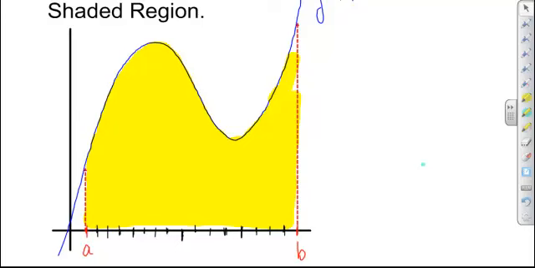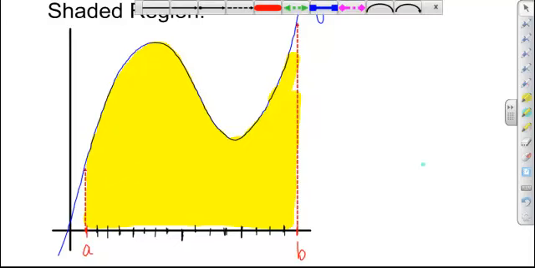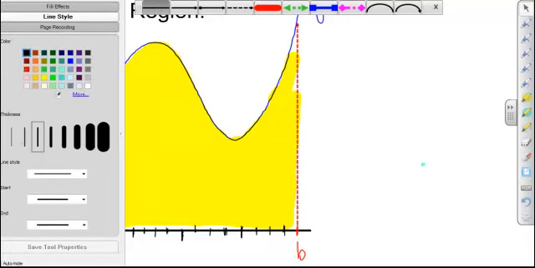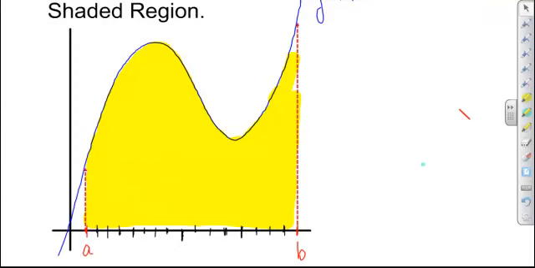So let's say that we split our region up into little sections. Let me grab a line tool again. Hang on just a second. We'll go with red. Alright.